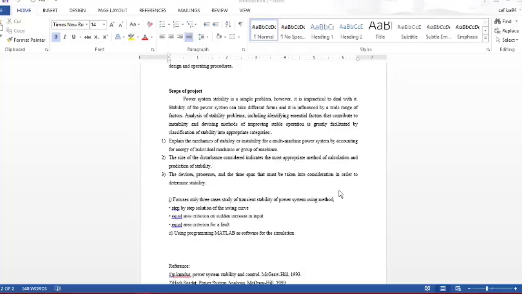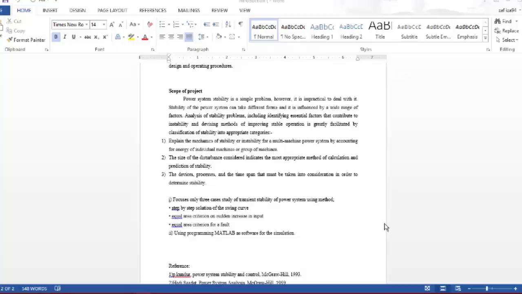Explain the mechanics of stability or instability for a multi-machine power system by accounting for the energy of individual machines or groups of machines. 2. The size of the disturbance considered indicates the most appropriate methods of calculation and prediction of stability. 3. The devices, processes and time span that must be taken into consideration in order to determine stability.